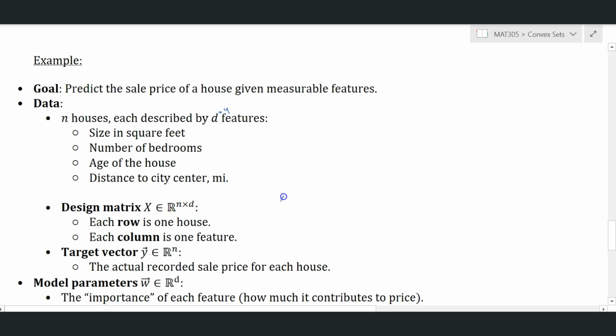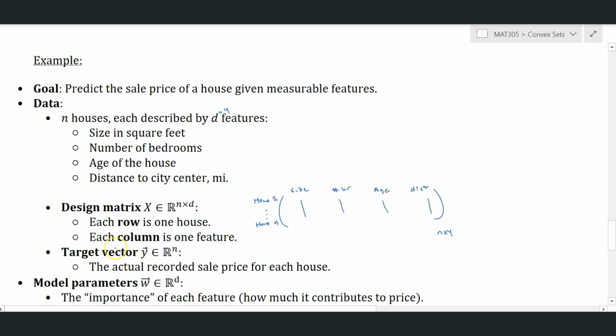And so what X will have in it is home 1 all the way through home n. So we'll have data on these n homes on the rows. And on the d columns, we'll have the size, number of bedrooms, age, and then distance to the city center. So this will be an n by 4, right? Depends on how many houses you have, but you're going to have 4 columns of data.